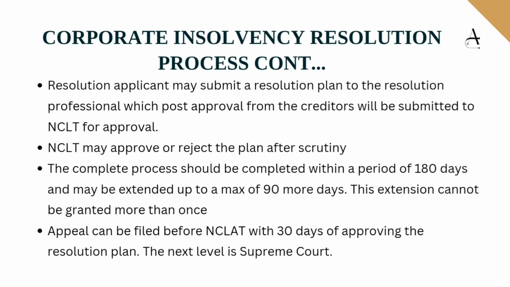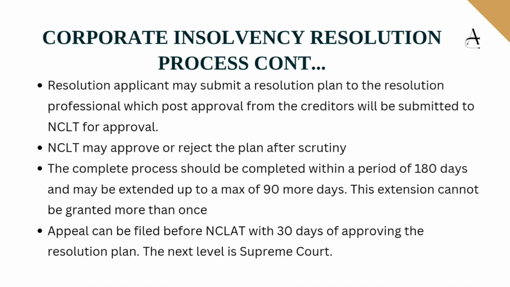And then after that, the resolution applicant, if required, may submit a resolution plan to the resolution professional appointed by NCLT, and this resolution professional will submit this plan to the committee of creditors. If the creditors approve this resolution plan, then the resolution professional will submit it to NCLT. Okay, and again NCLT will scrutinize this plan and decide whether or not to accept it.